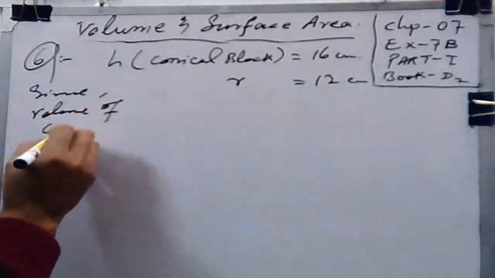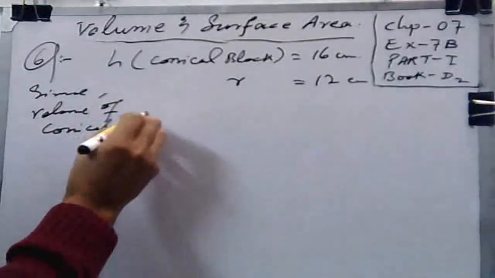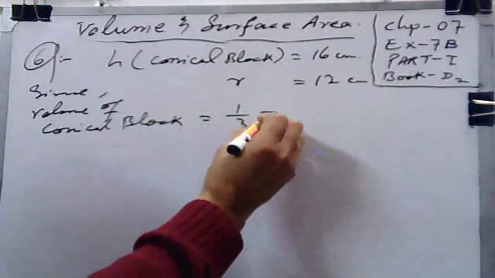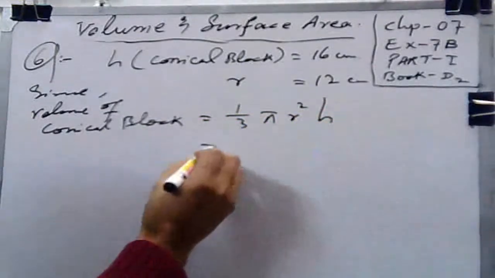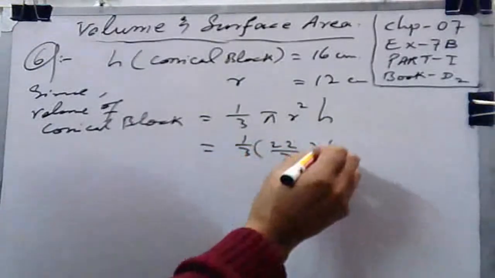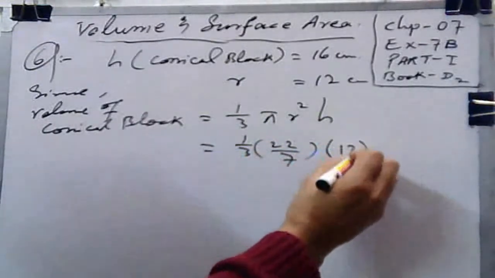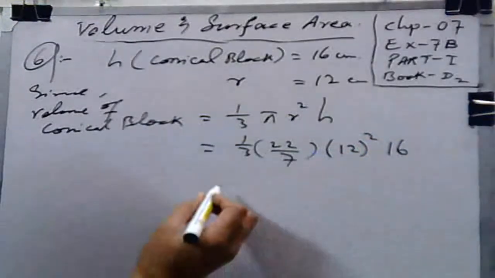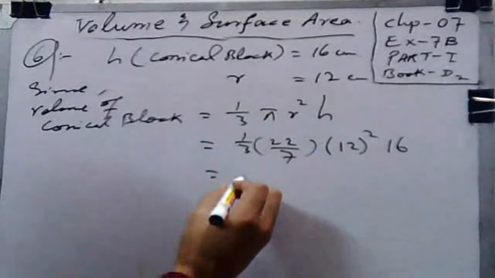So since volume of conical block is equal to 1/3 pi r square h. So putting the values, the value of r is 12 and height is 16.